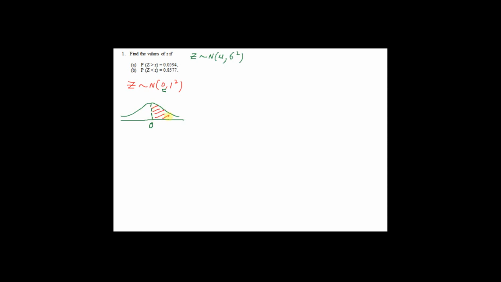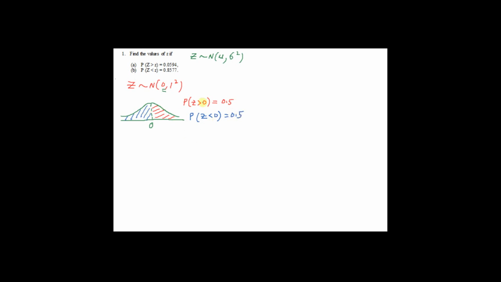This implies that the probability Z more than 0 equals 0.5. That is half of the probability. And the probability here, that is the probability Z less than 0, is also equal to 0.5.